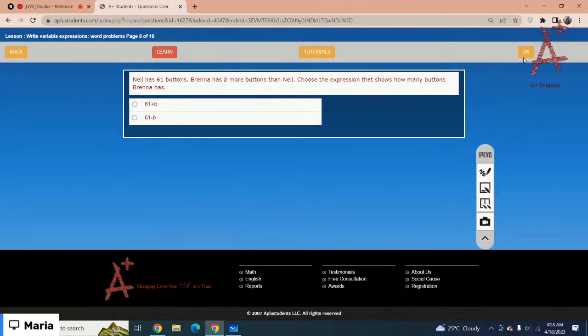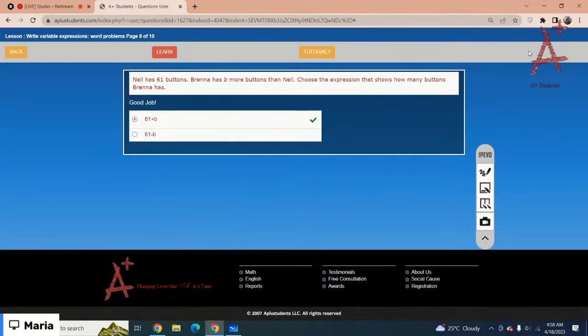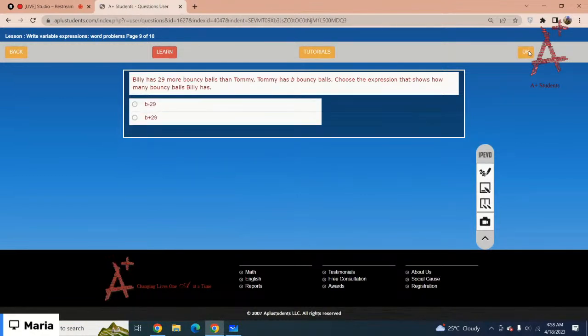It would be 61 plus B. Grade 4 maths, the chapter name is variable expressions, and the lesson we are working on is write variable expressions word problems. That's what I said.